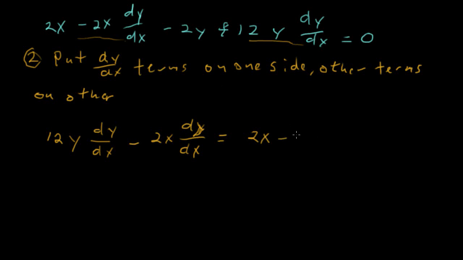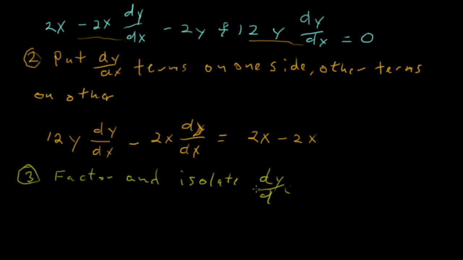Next step, step 3, is to factor and isolate dy dx. Okay, we could do that. First, let's factor out dy dx, and what do we get? We get dy dx, and then open up a parentheses and put 12y minus 2x in the parentheses. We factored out the dy dx, equals 2y minus 2x.